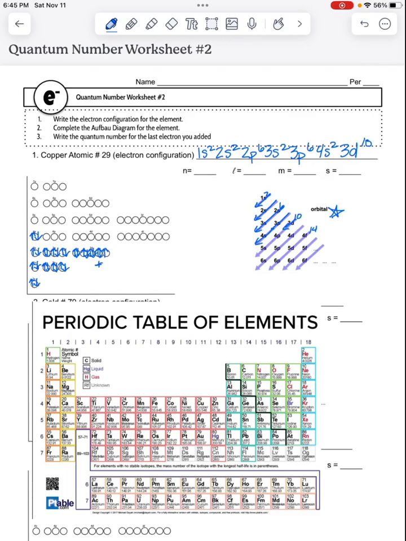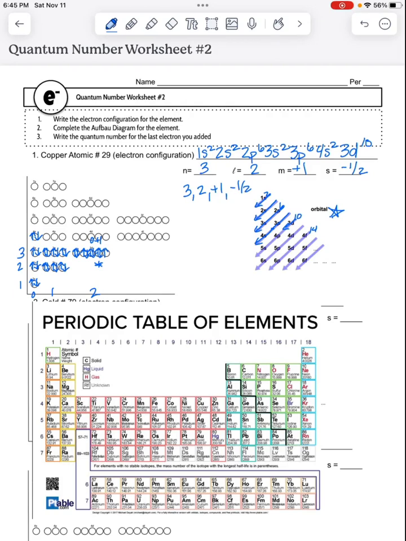So the last electron that I added was right there. And that's the one I'm going to write the quantum number for. I ended in principal energy level 1, 2, 3, so n is 3. I was in 0, 1, 2, the d sublevel, so l is 2. Mine happened to be 0 plus 1, and it happened to be down, so I would write -1/2, which means I wrote 3, 2, +1, -1/2.